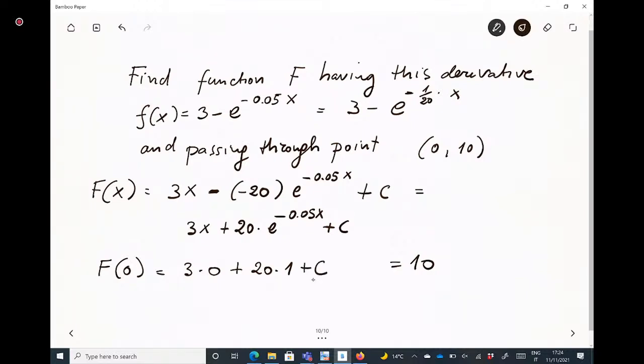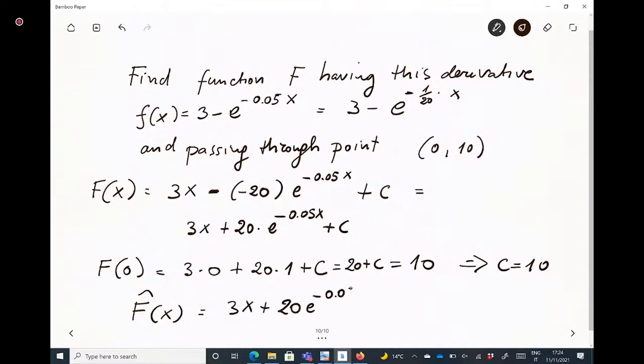So 20 plus c must be equal to 10, okay? So c is equal to minus 10. So my particular solution is f of x equal to 3x plus 20 exponential of minus 0.05x minus 10.